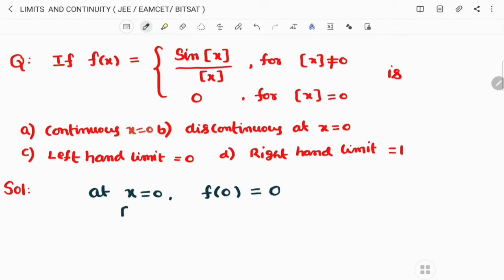X equal to 0 means [x] is also 0. [0] is 0 only, no? So f of 0 equal to 0.